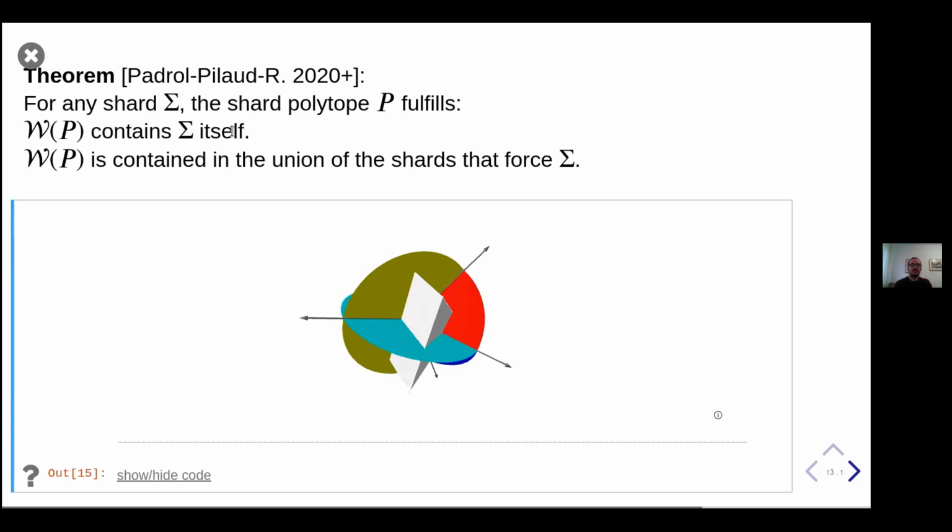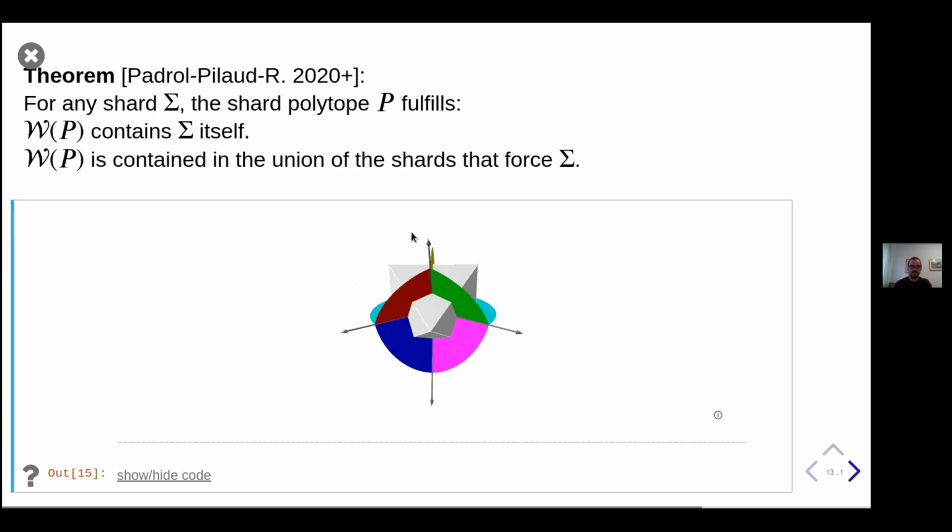First of all, the wall union of that polytope contains the shard itself. So in this case, that little part of pink hyperplane, which the shard corresponds to, is in the normal fan of the shard polytope. And second of all, the wall union of our shard polytope is contained in the union of the shards that force that shard sigma. So whenever we Minkowski sum with this shard polytope, we will add the shard we were looking for.